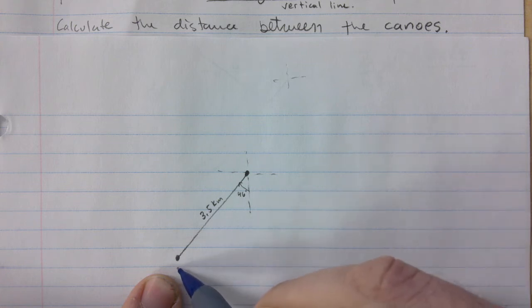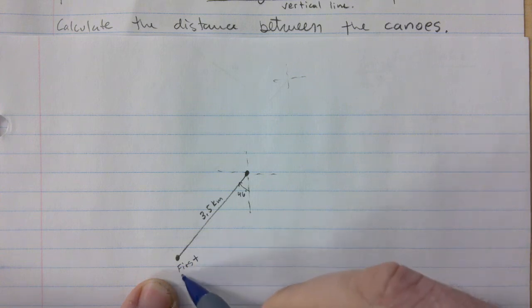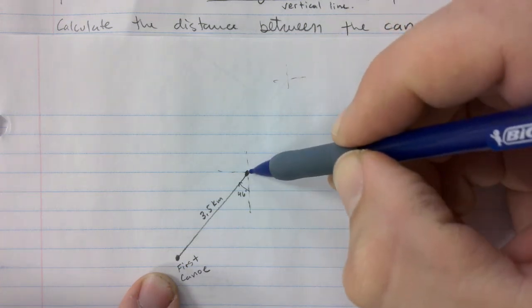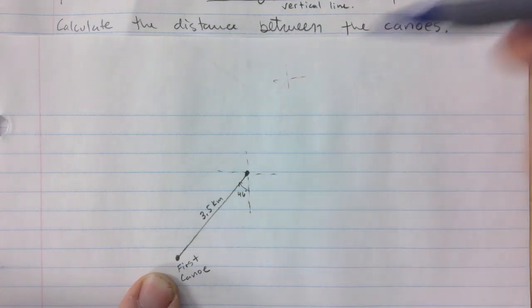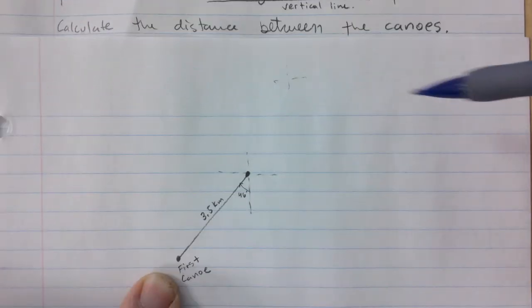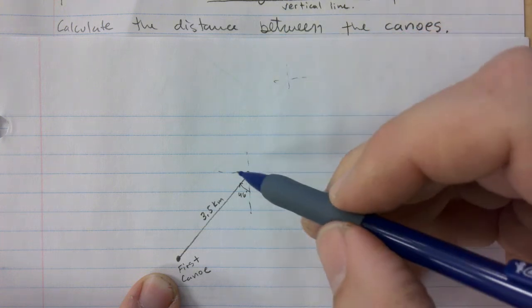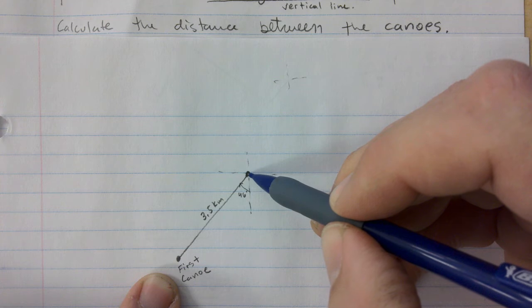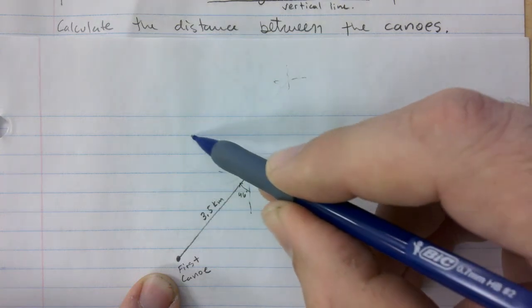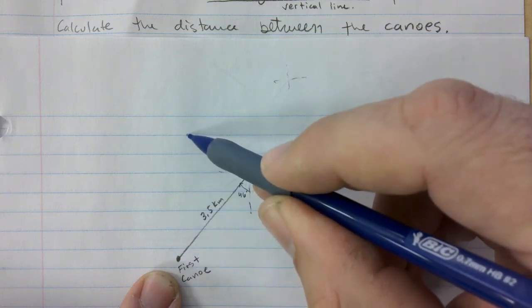So this is the first canoe. Okay, first canoe, putting that down. A second one leaves, and it doesn't tell you which direction, it just tells you the distance, right? It just says that it's traveling 4.8 kilometers, right? But it does tell you until the first one is directly due south of the second. So with that logic, you would have to travel this way, or somewhere above it. You would have to be above it if you were the second canoe, okay?